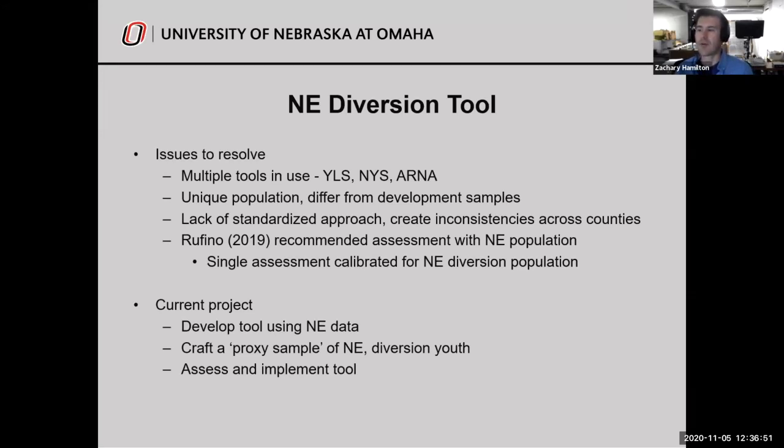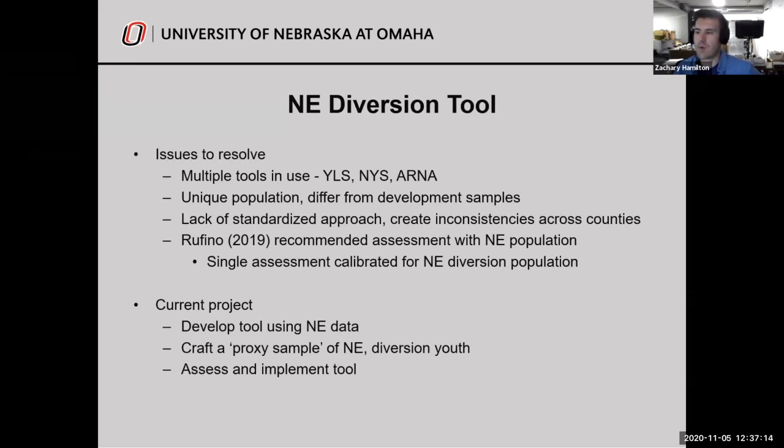And also to offer ways of making a tool that is reflective of this unique diversion population in which there's lots of different developmental samples that could have an impact. Because all 3 tools were there, it creates a lack of a standardized approach and inconsistencies across the counties.